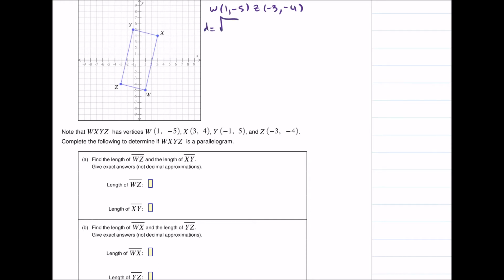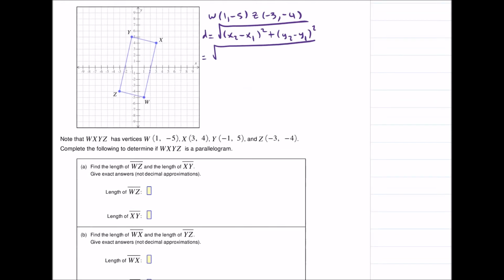Distance formula is the square root of (x2 minus x1) squared plus (y2 minus y1) squared. I need to label this x1, y1, x2, y2. That will be -3 minus 1 squared plus -4 minus -5 squared.